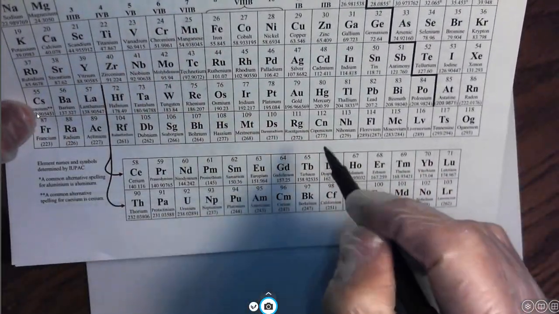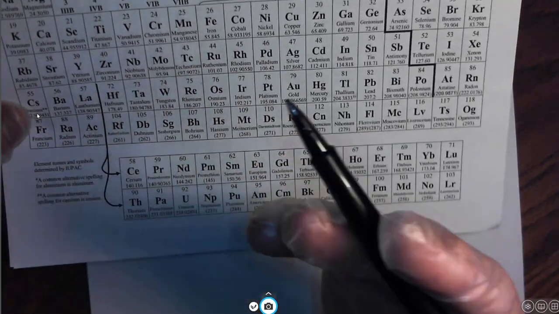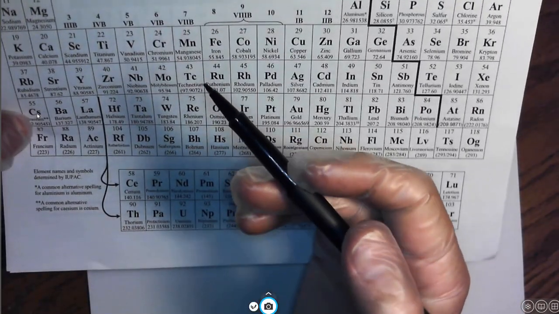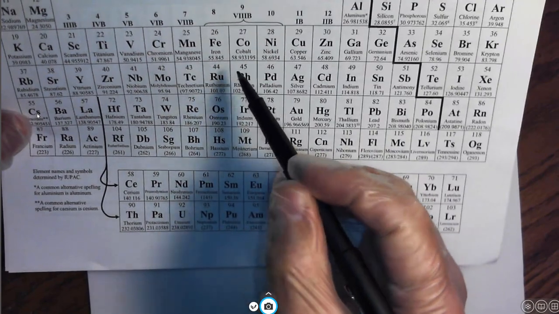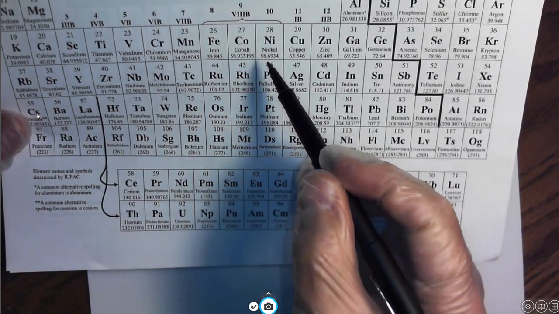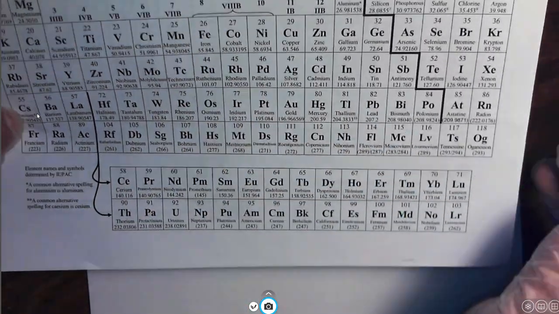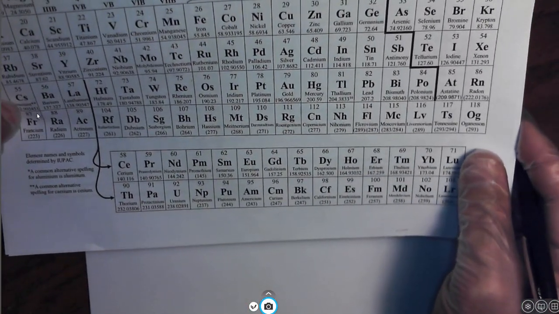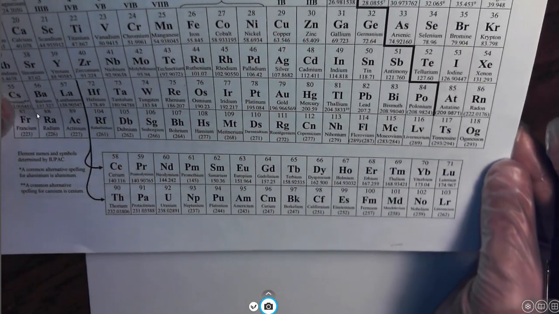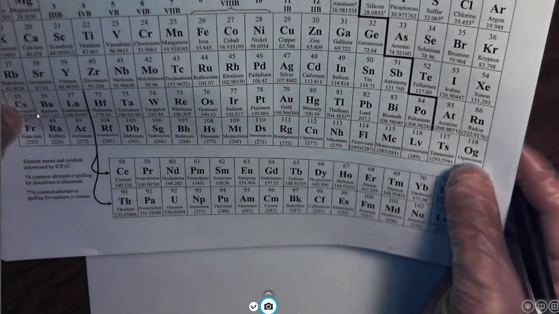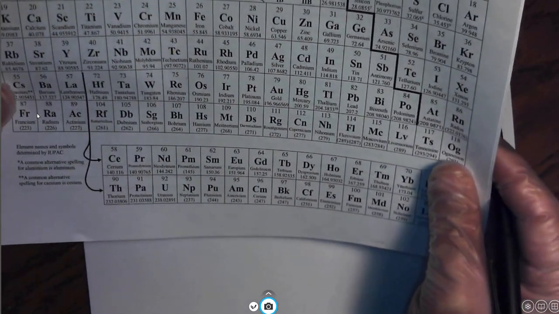All the metals over here, except for the ones that we've really known about for hundreds of years, like iron, cobalt, nickel, copper and zinc, most of these have an IUM ending. Well, those polyatomic ions we dealt with yesterday, we also gave those IUM endings.